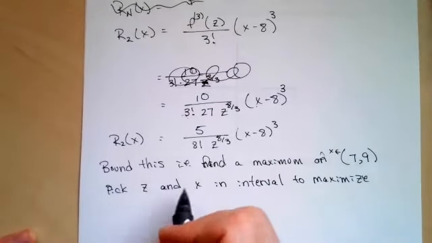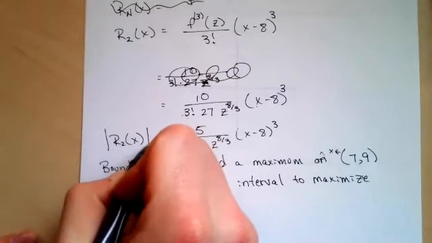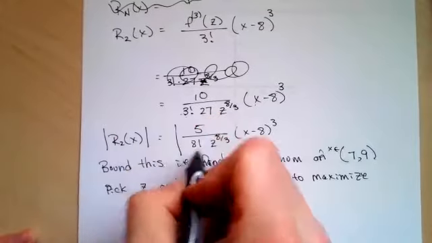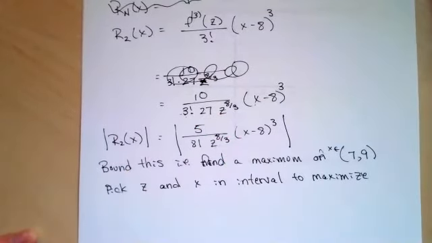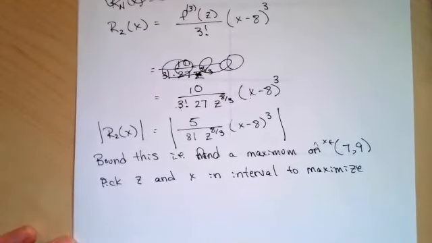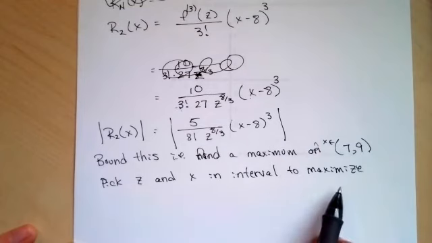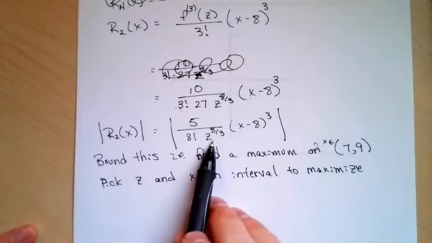And moreover, I guess we should say we are looking for the absolute value of everything. So we're looking for a positive error, a positive bound on the error in the remainder. So how do we do that?